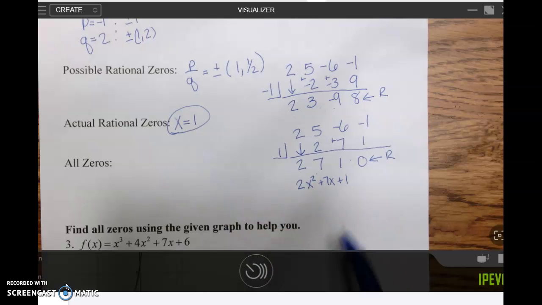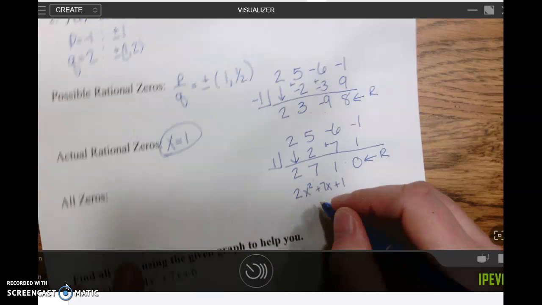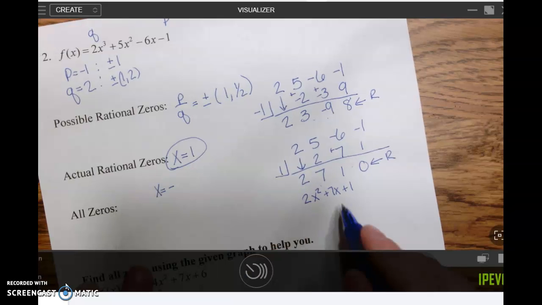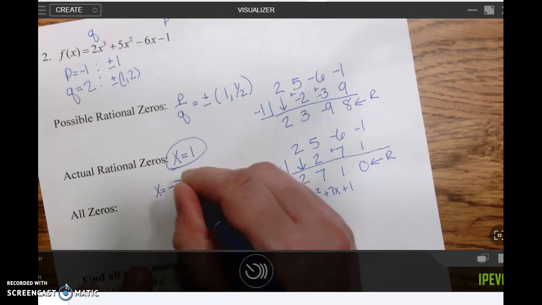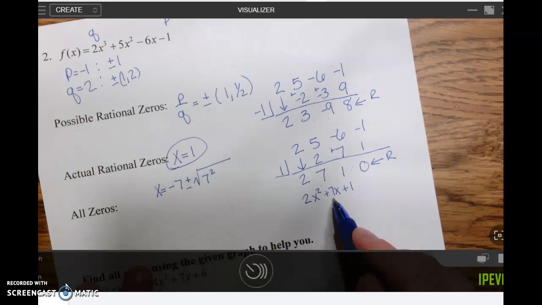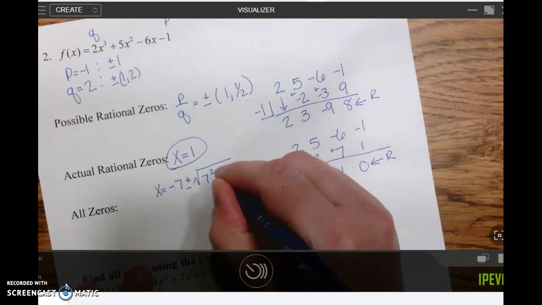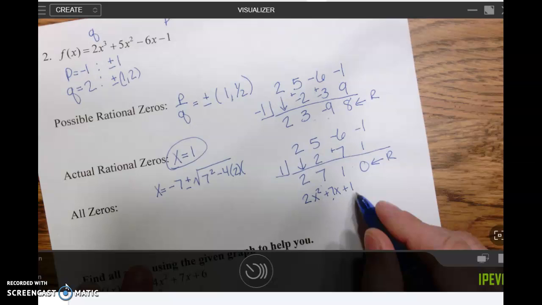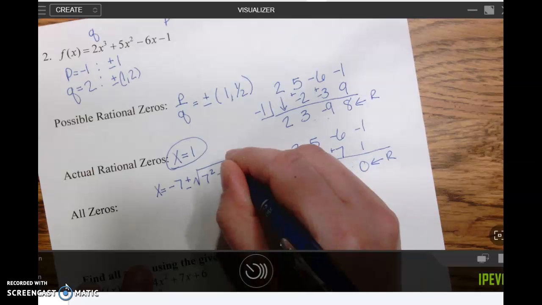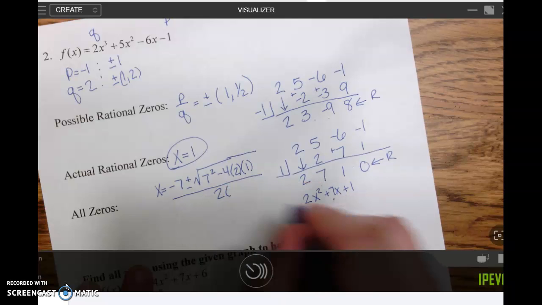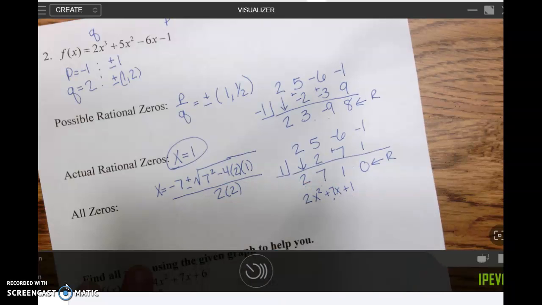So if we look at the quadratic formula, we're going to have x is equal to -b, so -7, plus or minus the square root of b squared. So our b is 7, 7 squared, minus 4 times a, which is 2, times c, which is 1, all over 2 times a, and again a is 2.